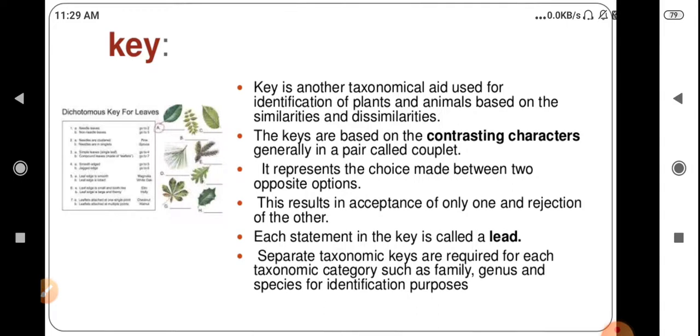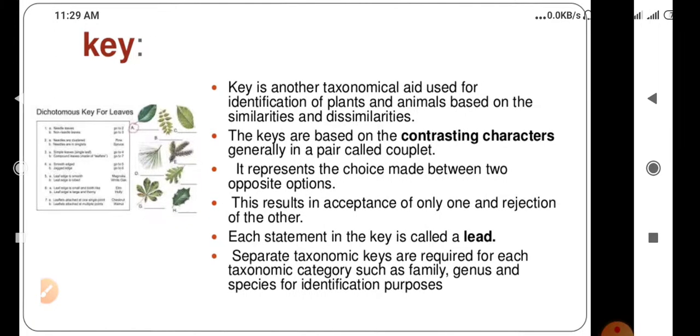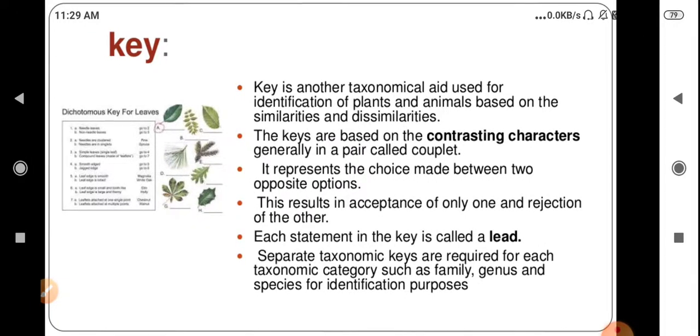It represents a choice to be made between two opposite options. This results in acceptance of only one and rejection of the other. Each statement in the key is called a lead, and separate taxonomic keys are required for taxonomic categories such as family, genus, species for identification purposes.